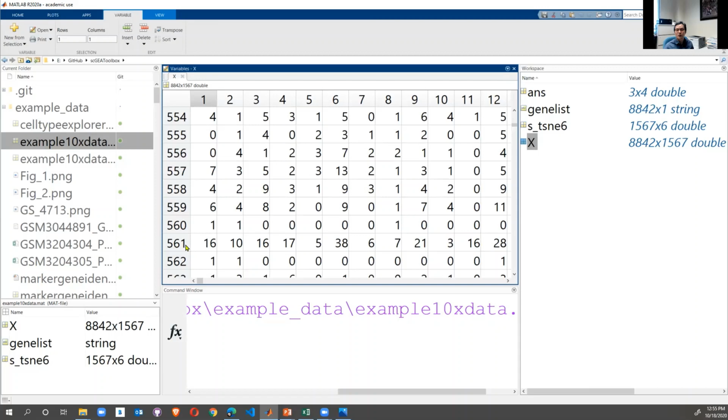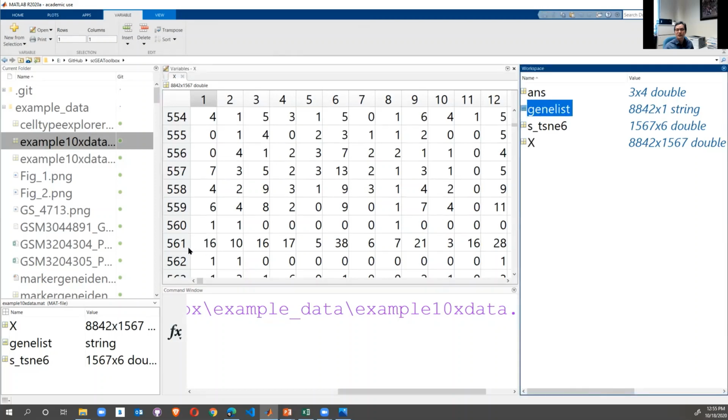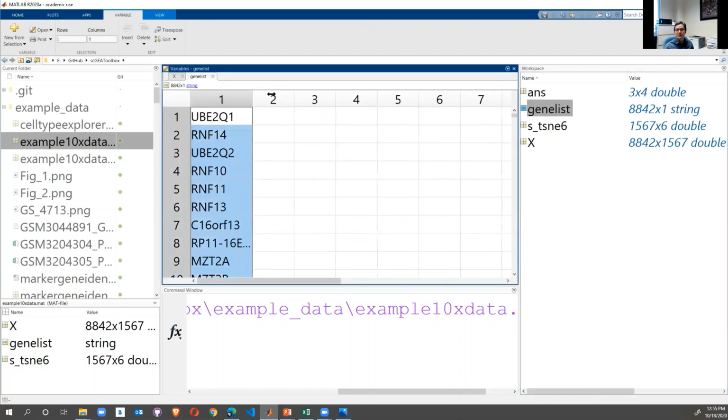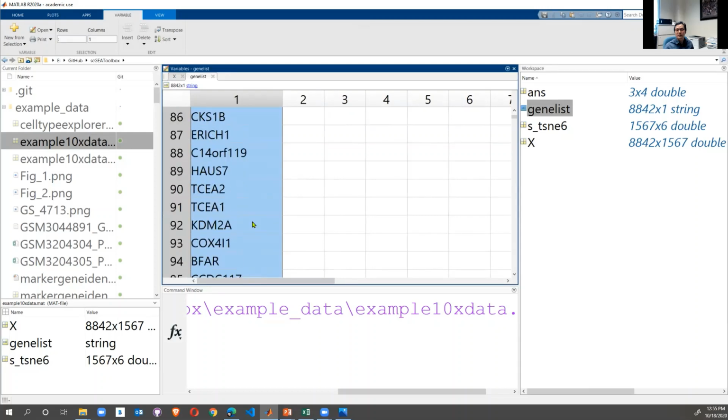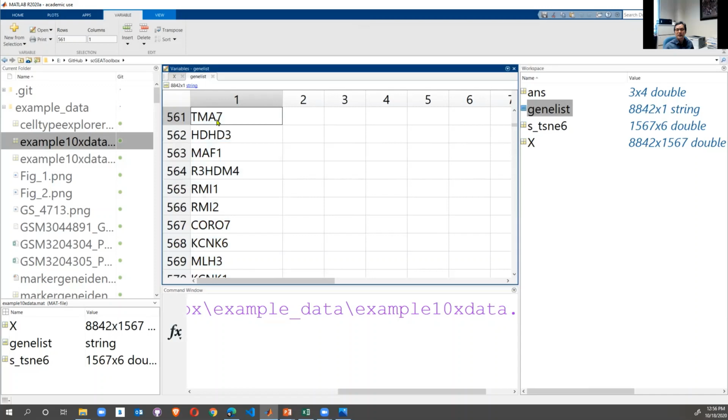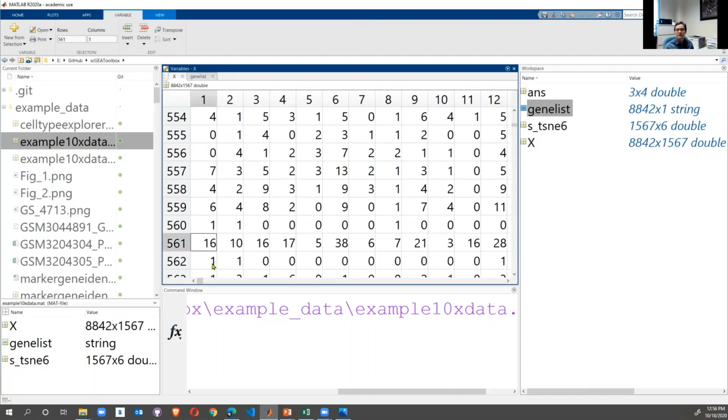And if you want to know the name of the gene, you can double click the gene list and try to find the gene in row 561. So let's double click this. Then you can see the name of the gene at 561. The name of that gene is TMA7. So this gene is highly expressed.